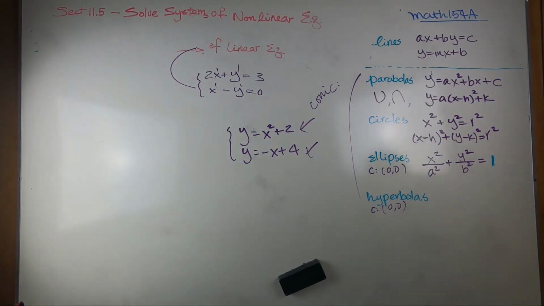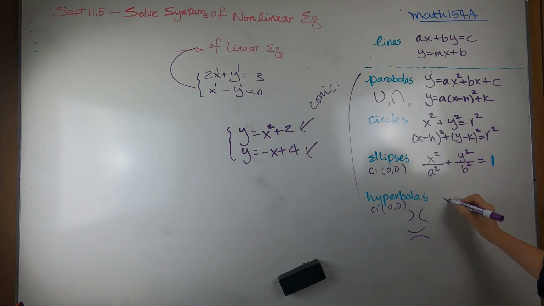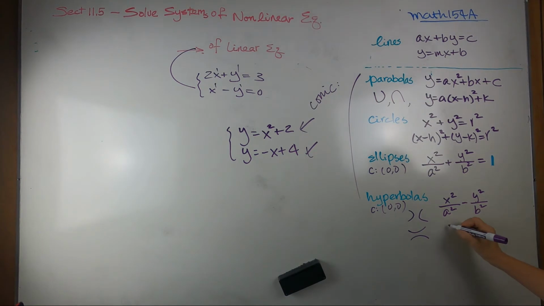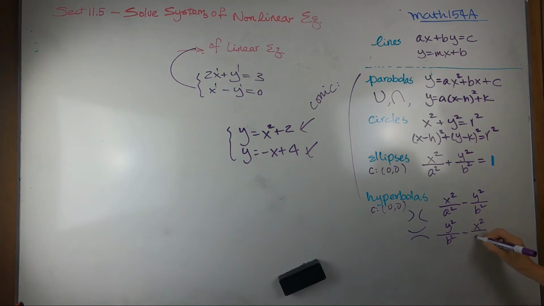Then hyperbolas open left and right, or up and down. The formula is x squared over a squared minus y squared over b squared, with minus instead of plus. If it's up and down, it is y squared over b squared minus x squared over a squared. Then we use equals 1.